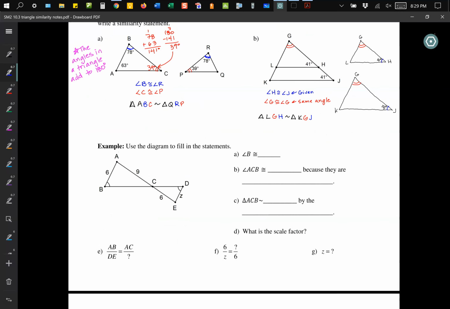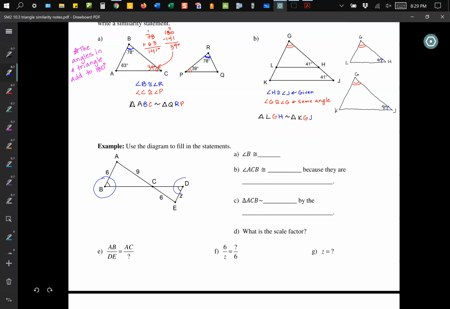So this one asks me to look at this diagram and fill in some blanks. So it wants to know angle B is congruent to what? So if I look at the diagram, angle B has one little mark right here.